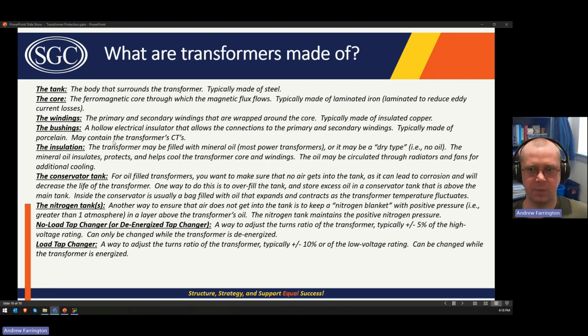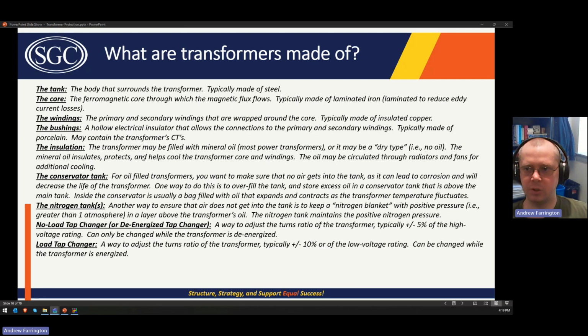I have seen some that were aluminum, but usually it's copper. The bushings are a hollow electrical insulator that allows the connections from the primary and secondary windings to the rest of the system, and they're typically made of porcelain, and those may or may not contain your transformer CTs.